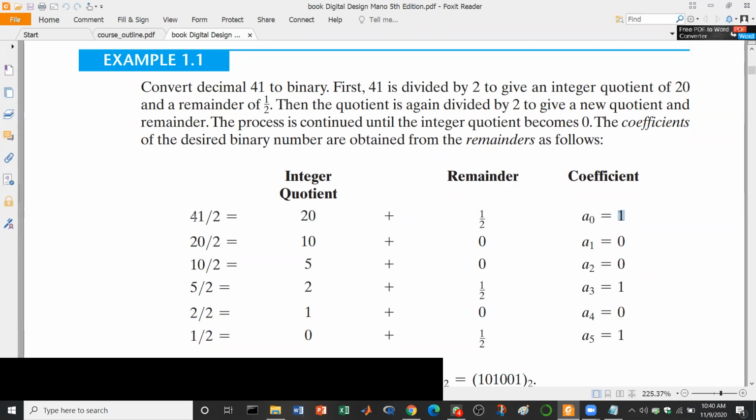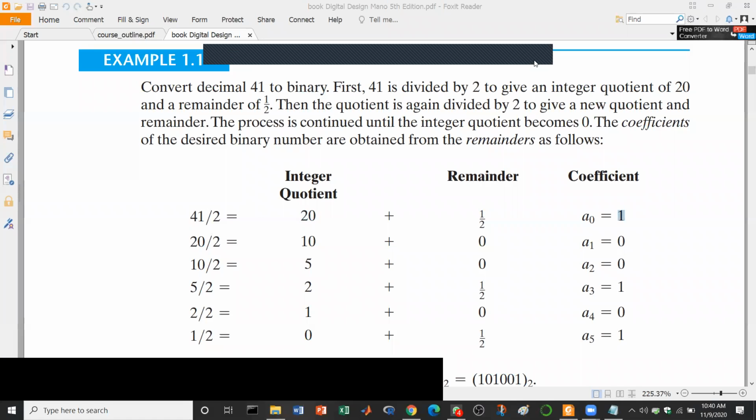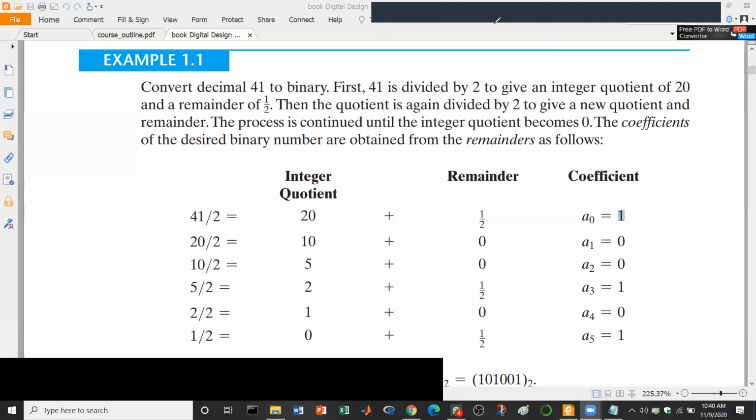Similarly, we go on. We then divide 20 by 2. Let me take the annotations with me and understand it with their help. Then I will give you another simple method to do that.